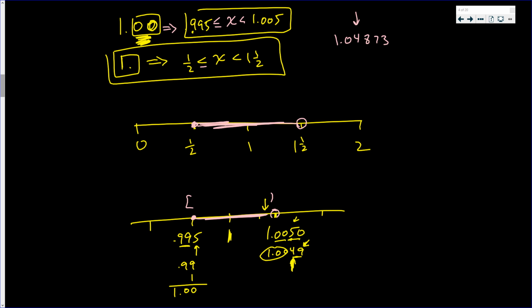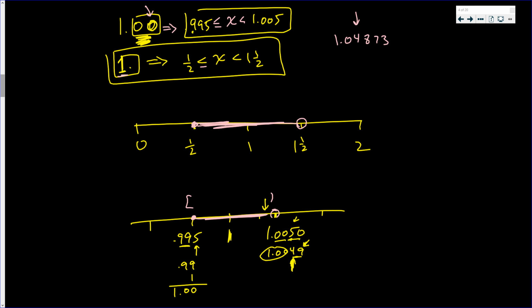Now, this number 1 is rounded to the ones place, not the 100th place like this one. This is just 1, the ones place.